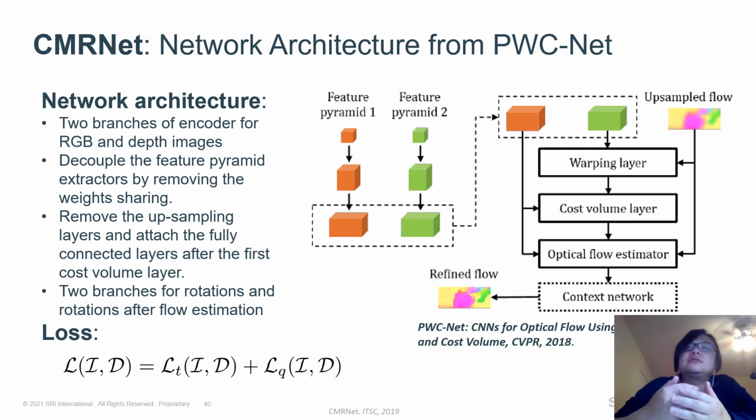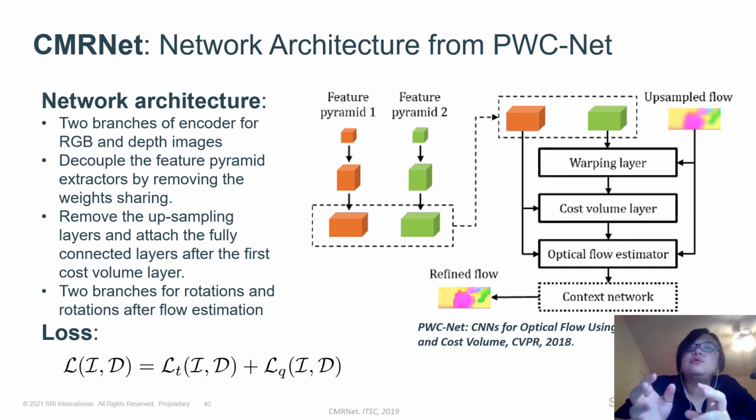But now, because CMRNet needs to handle image and depth, which are very different information, they also decouple the feature extractors by removing the weight sharing. They also remove the upsampling layers and attach fully connected layers after the first coarse volume layer.